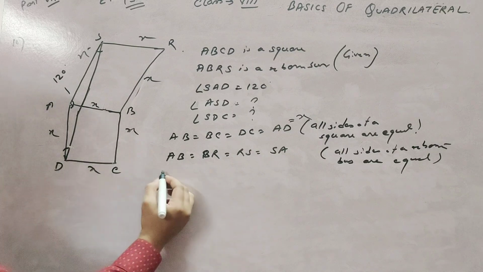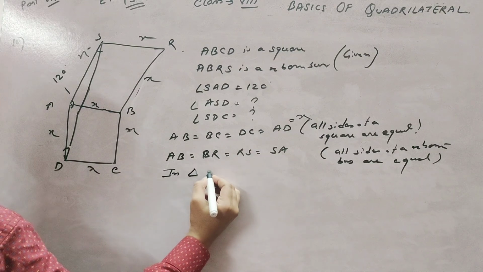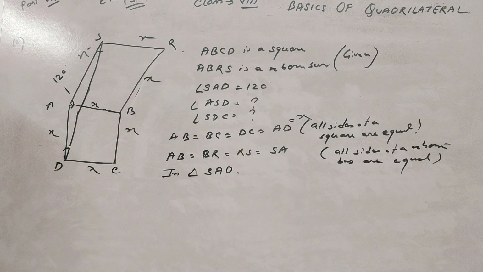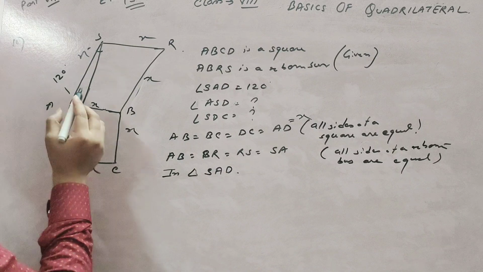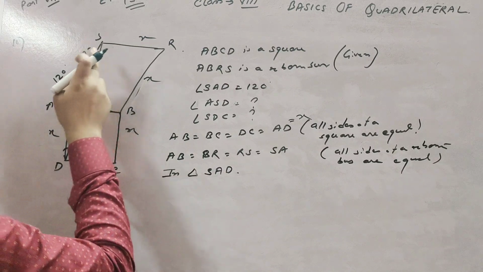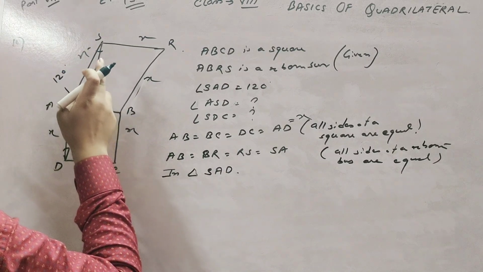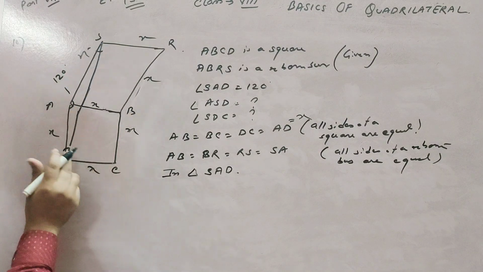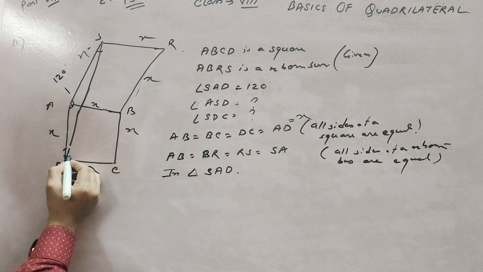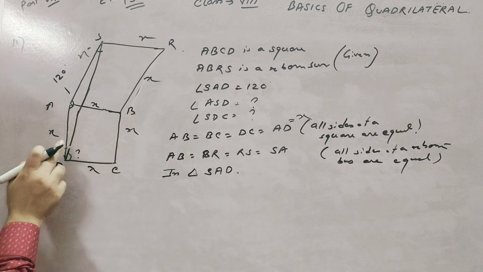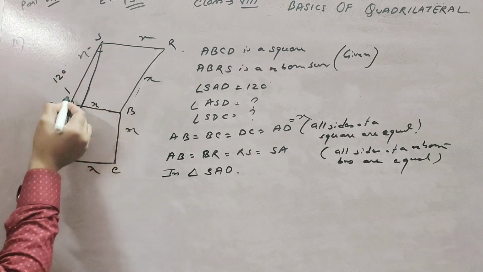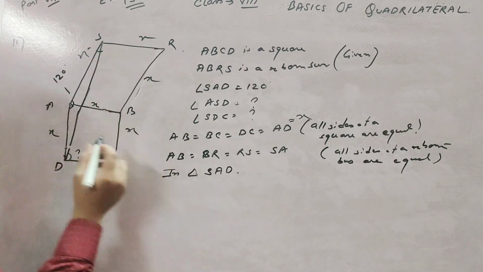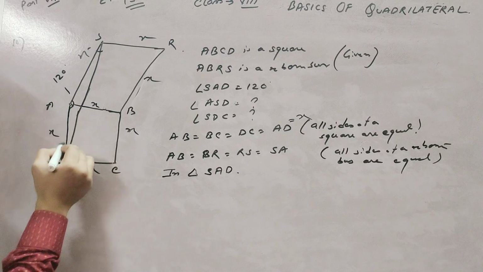So in triangle SAD, clearly given portion. You need to find this portion, SDC. In triangle SAD, first of all you see that in this triangle, this side and this side are equal.